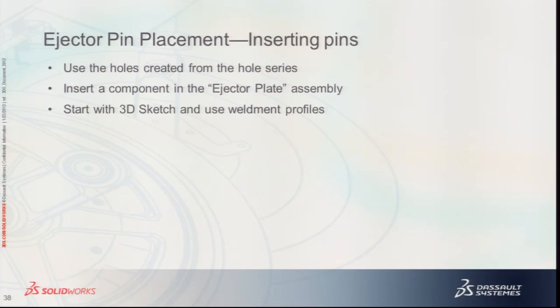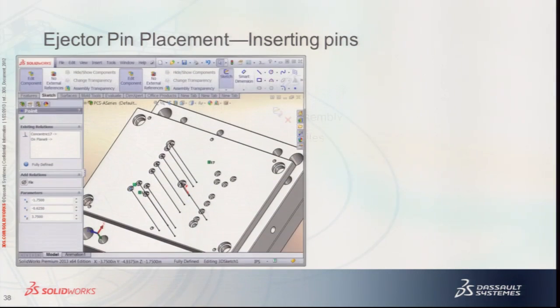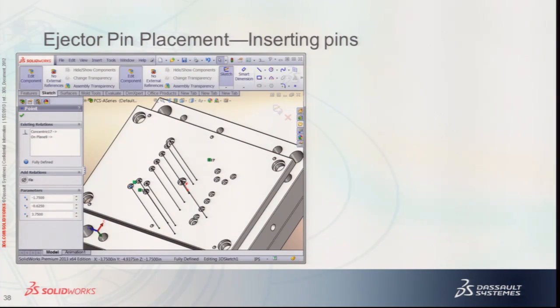Weldments is for structural members, so it's not really designed for this, so you have to build up a design library of library parts. But essentially, you can draw on a 3D sketch. You just draw lines to represent the distance of your ejector pins through those hole series up to the cavity of your part.